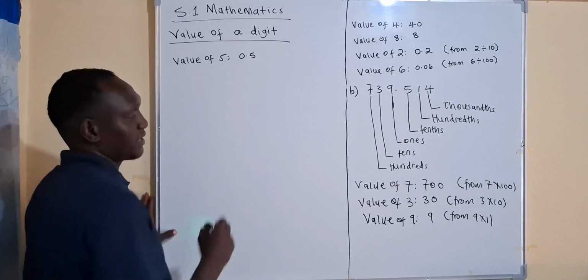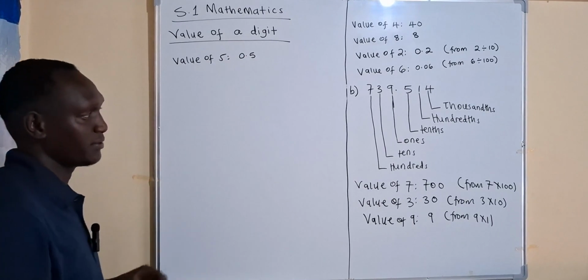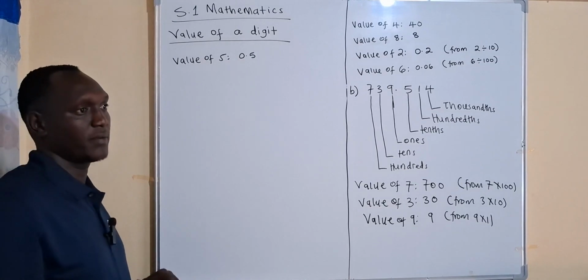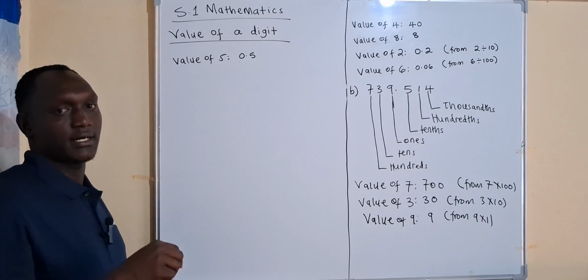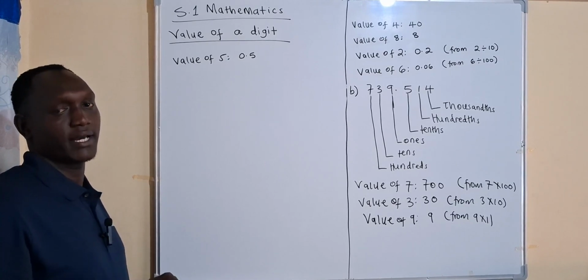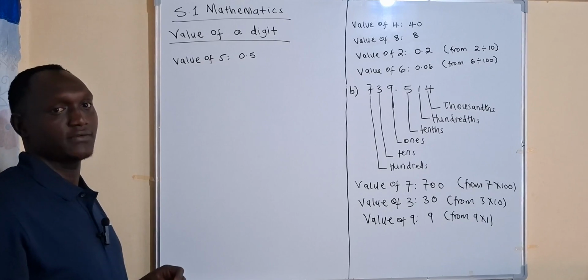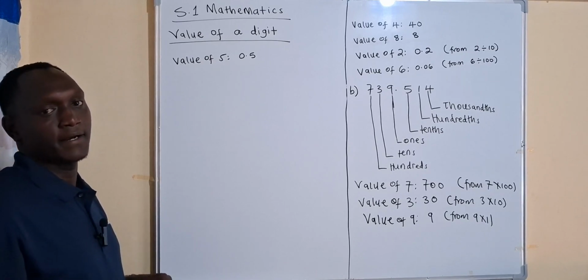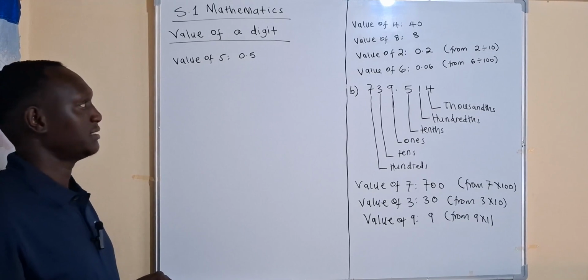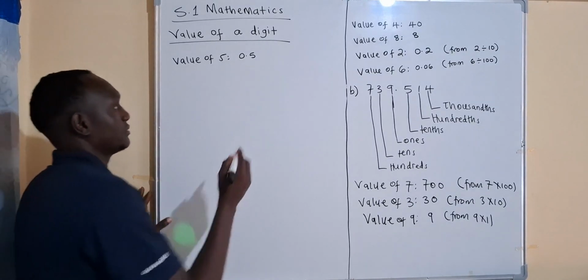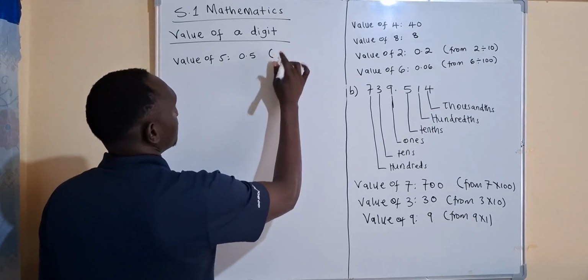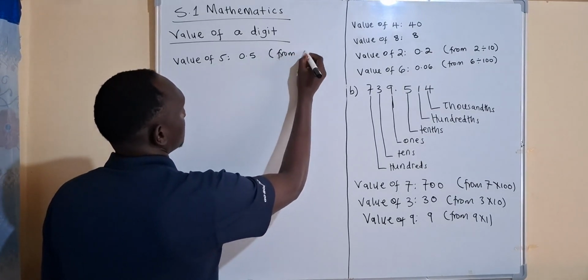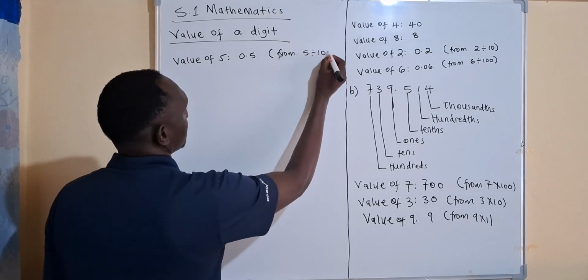For the numbers after the decimal point, the first one is divided by 10, the second one by 100, the third one by 1000, the fourth one by 10,000, the fifth one by 100,000, and so on. So this 0.5 comes from just 5 divided by 10.